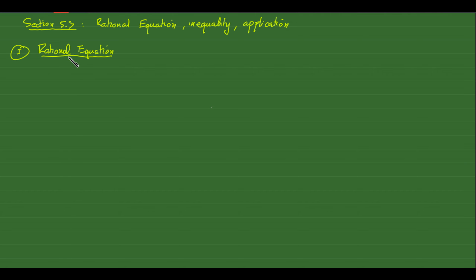And the general approach to solving a rational equation is that we have to find the LCD. I mean, we need to bring it to the same denominator. Remember, every time we want to combine fractions, we must have the same denominator. If we don't have the same denominator, we cannot add or subtract, right?